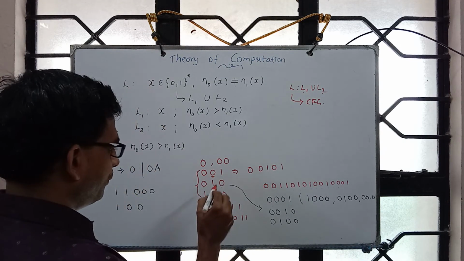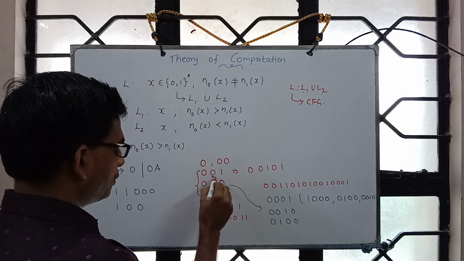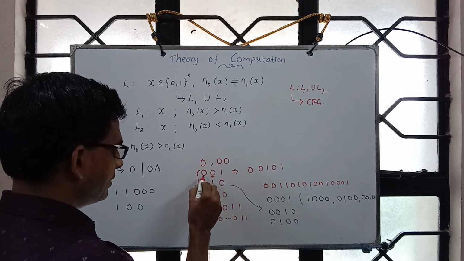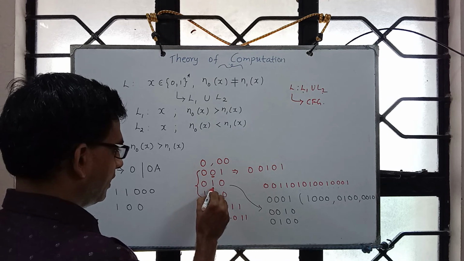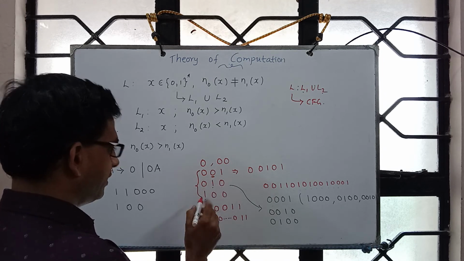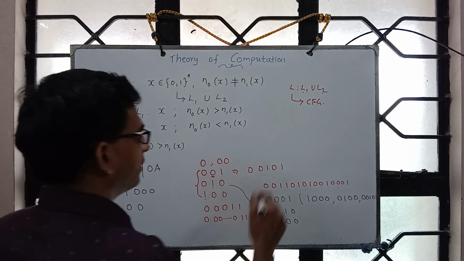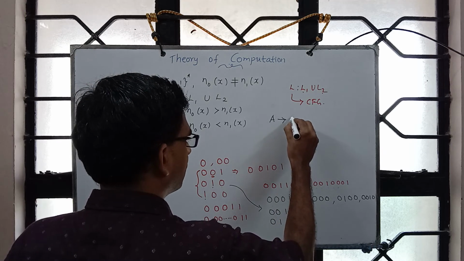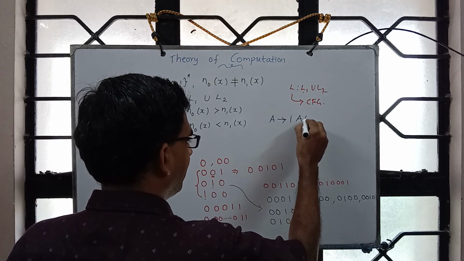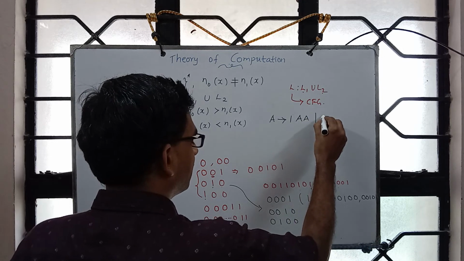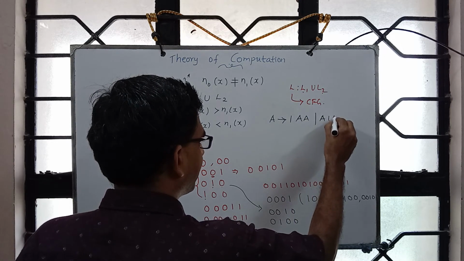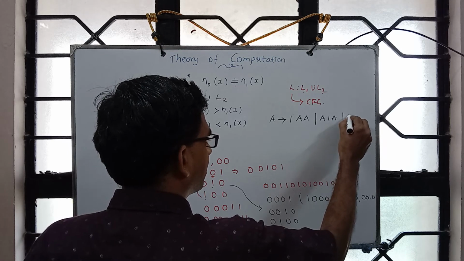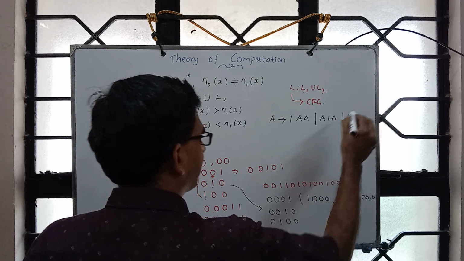It says if you introduce a 1, you should have introduced at least 2 zeros, and this can come in these three forms. So then we say that A implies 1AA or A1A or AA1.